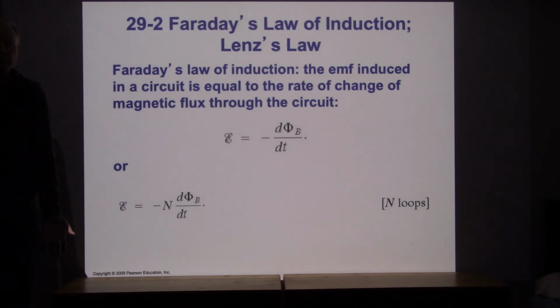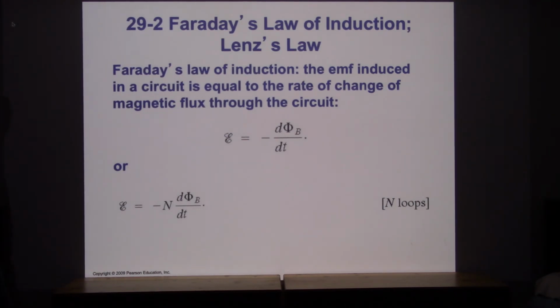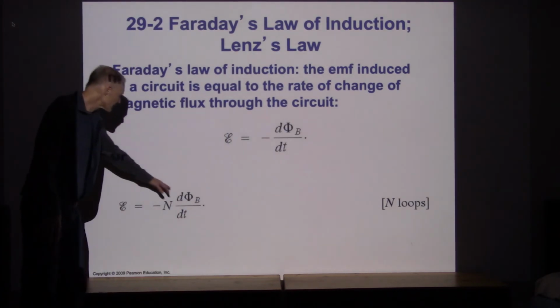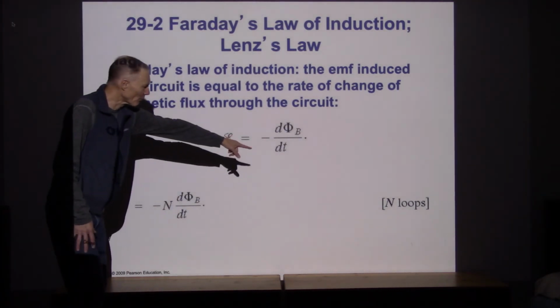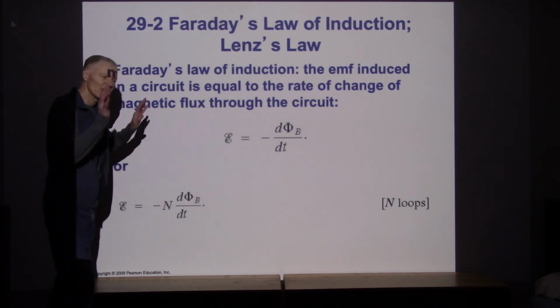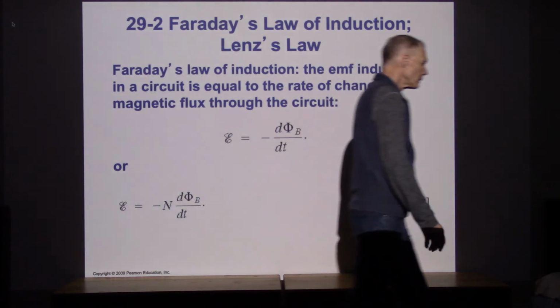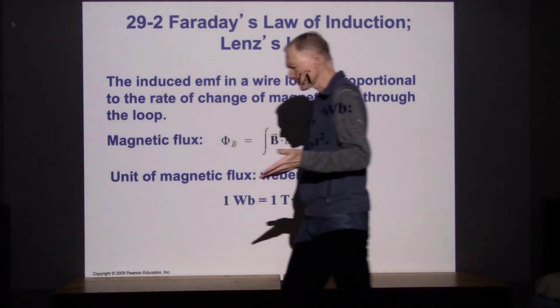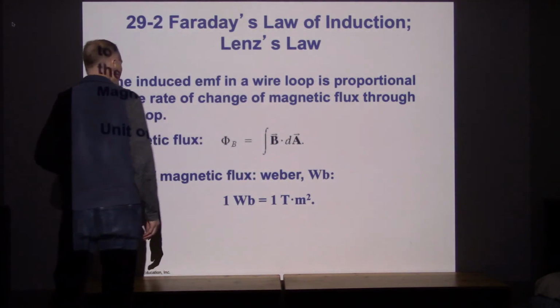I mean, it's kind of really surprising. But let's see how that works. So, and again, if we've got some number of loops, so they wrote the n loops over here and this somehow ended up on this side, then let's go see what this is all talking about. Because it's new. It has kind of the same feel as Gauss's law and Ampere's law.